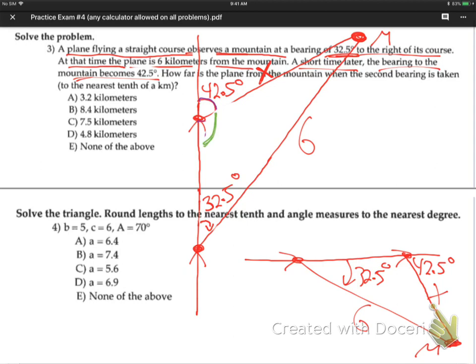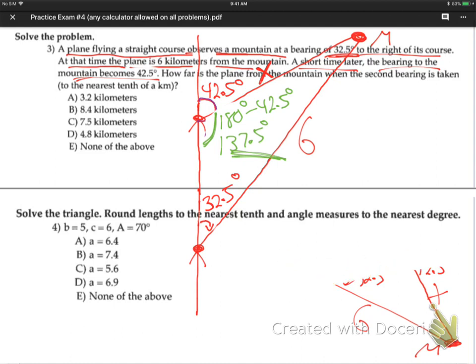So this angle here is 180 minus 42.5, which means it's 137.5. Is that right? Yeah. So we have that angle and the side across from it. So law of sines for sure. Whenever you have an angle and a side across, you want to do law of sines.